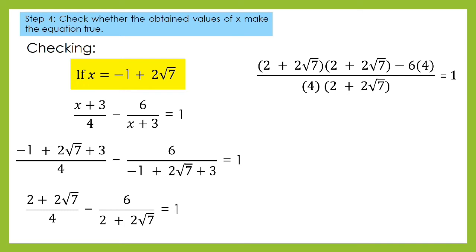Meron tayong different denominators. So, kukunin natin siya 4 times 2 plus 2 square root of 7. And then, si 2 plus 2 square root of 7, imumultiply natin dito sa ibang denominator, which is 2 plus 2 square root of 7. Minus 6, kinopya natin, imumultiply naman natin siya dito sa 4 times 4 equals 1.